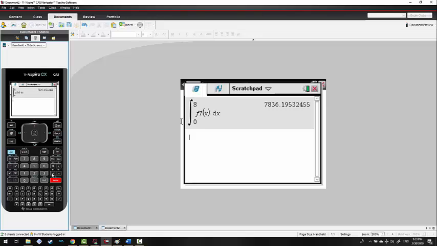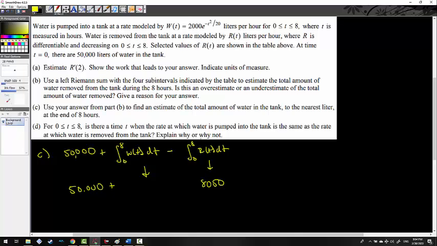So 50,000 plus that answer, and then minus 8050. Now I'm going to round that to the nearest liter because the problem asked me to, which means the decimals truncate off. So my answer here is 49,836. All right, awesome.